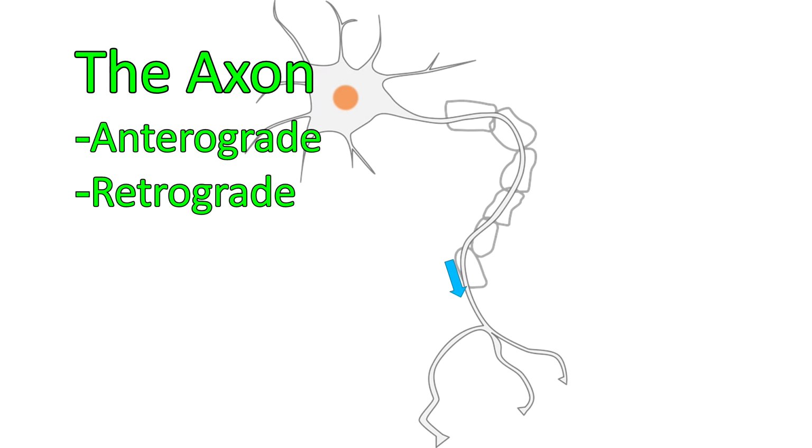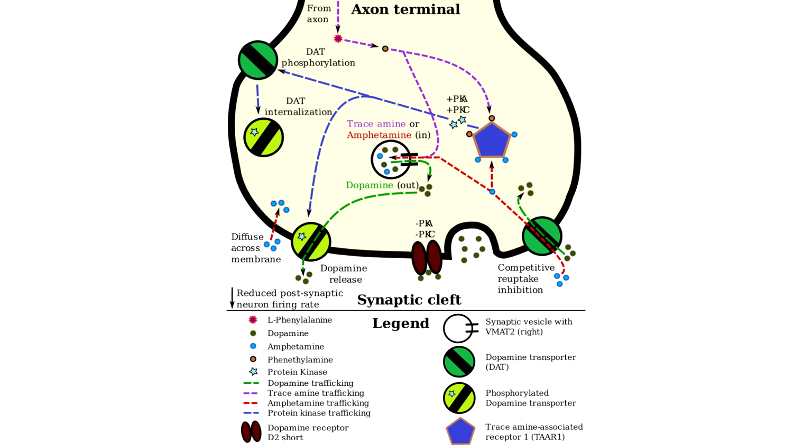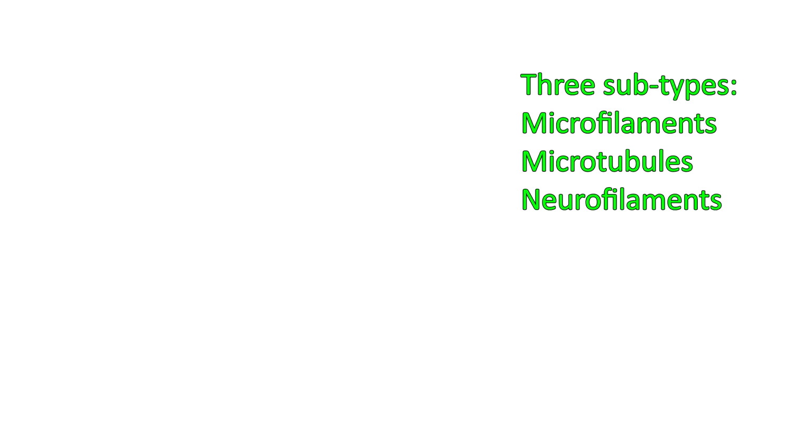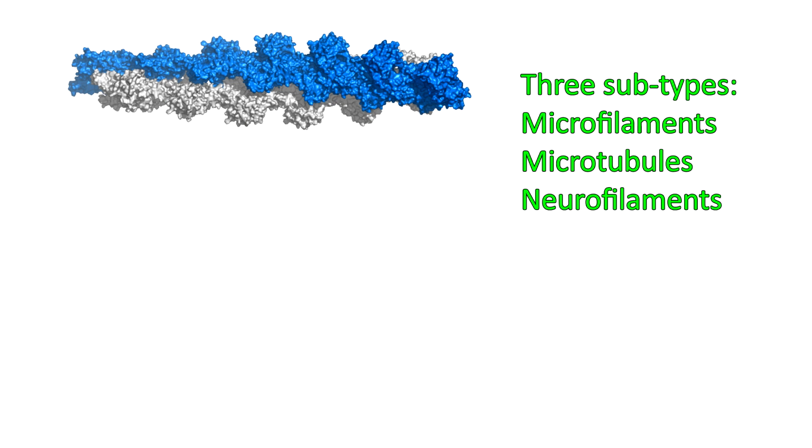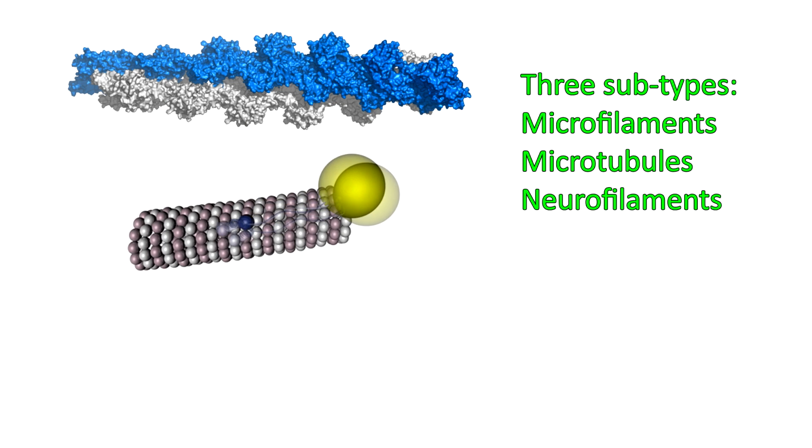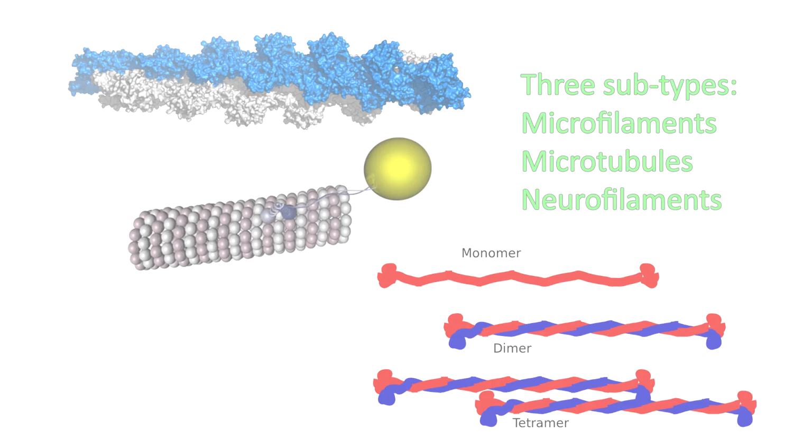When molecules are transported to the synapse, it is called anterograde, whilst it is called retrograde when they are transported backwards. The transport is important for the chemicals within the synapses, and the transport is facilitated by the microfilaments, microtubules, and neurofilaments.